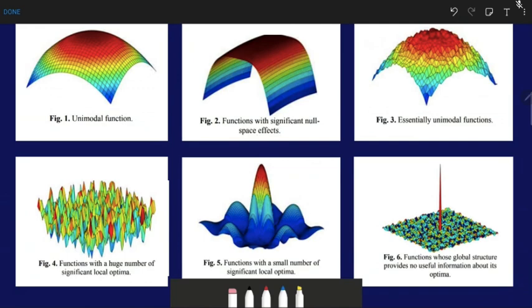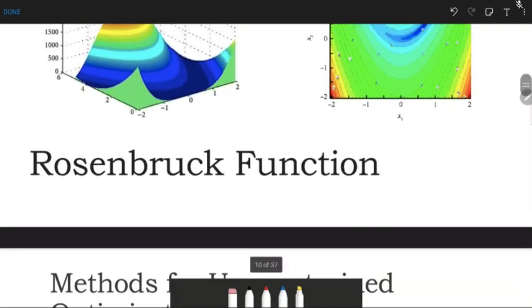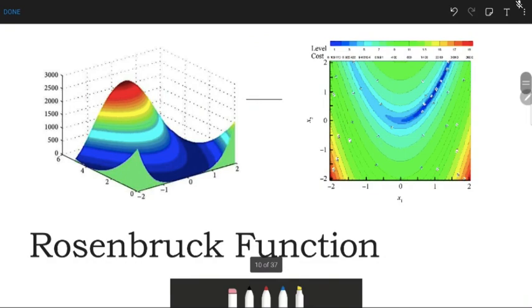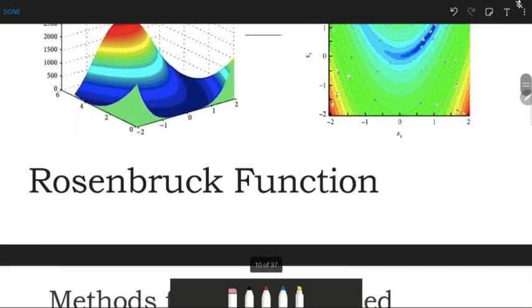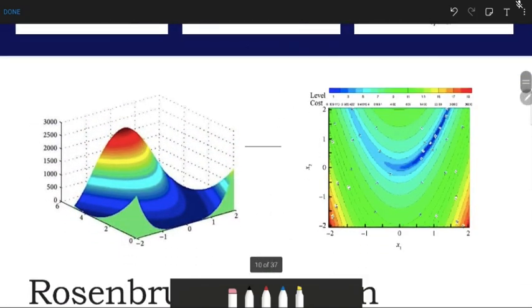Functions whose global structure provides no useful information about its optima. Why does this feel like it's a meme? Anyways, there are some functions. Rosenbrock function, whatever this is. What is it telling us? It's probably some special function.